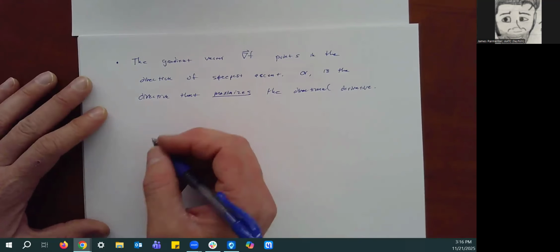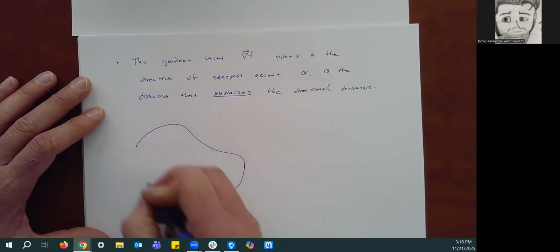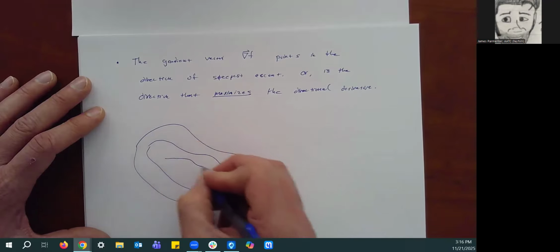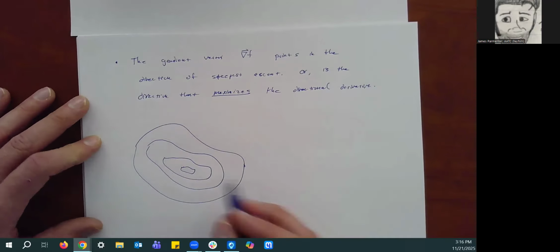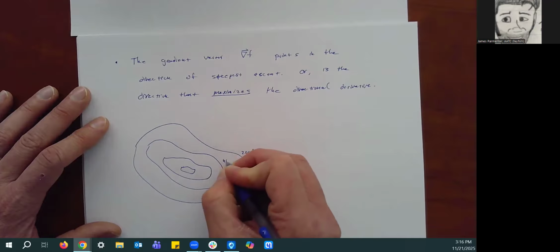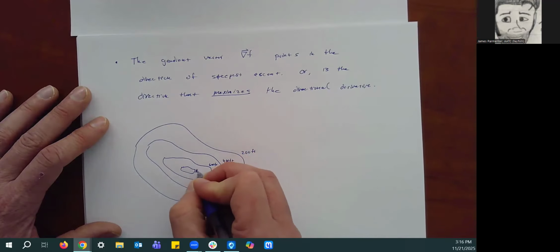And so if you had some level curves, let's say you had some contour map, you're actually hiking in the world and you're looking at a map and it looks kind of like this. Let's say this elevation is 200 feet, 400 feet, 600 feet, 800 feet.